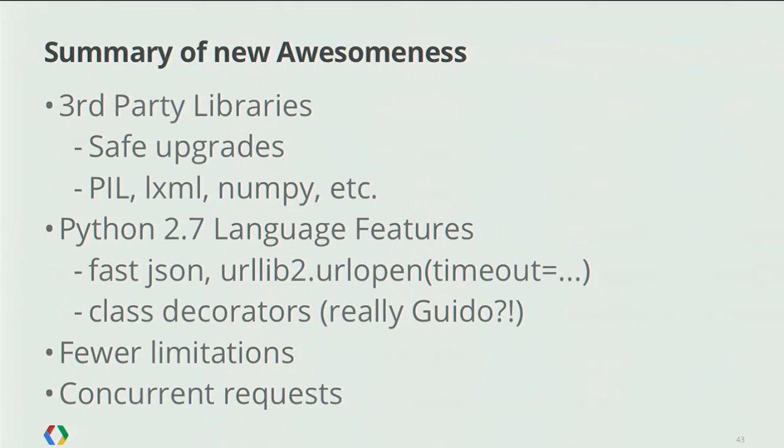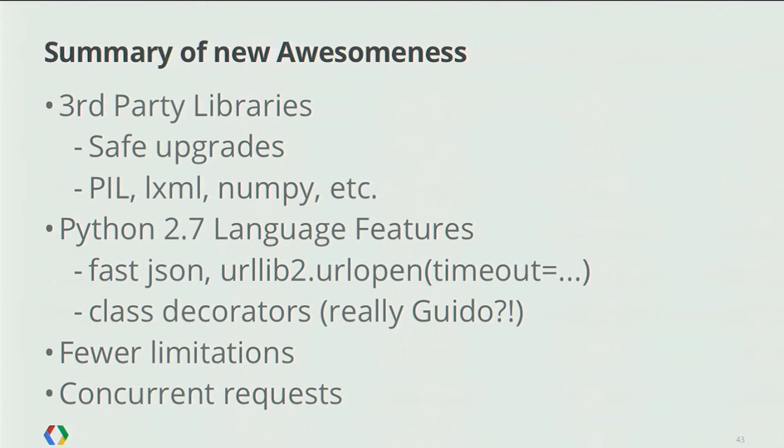Speaking of all done, I'm all done, except for just let me summarize what we've talked about. So with the Python 2.7 runtime, you get a much nicer third-party library experience. We support a bunch of libraries that people have been really asking for, and we support it in a way that's basically future-proof, where we have an upgrade path for them.